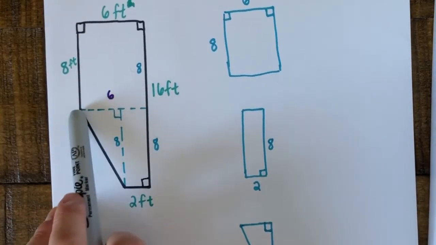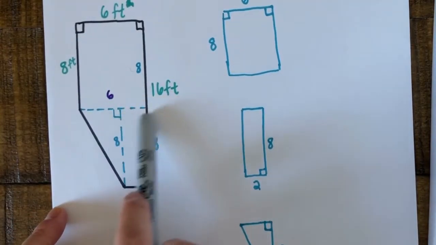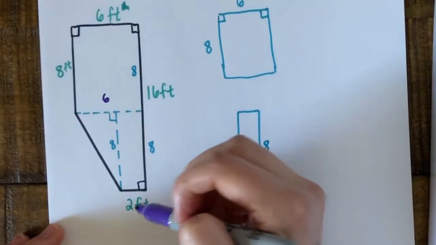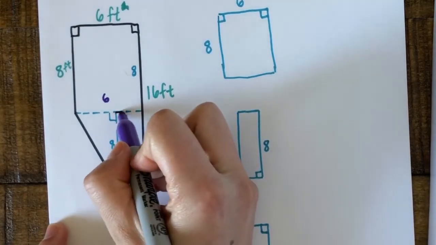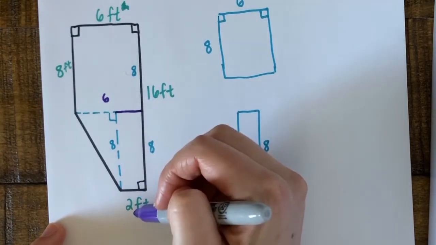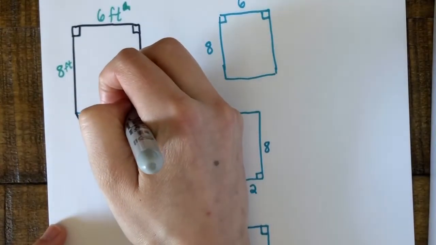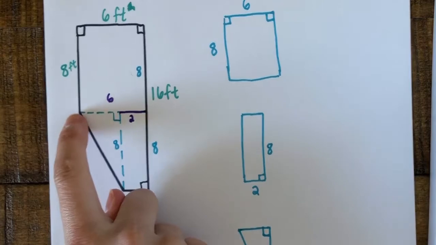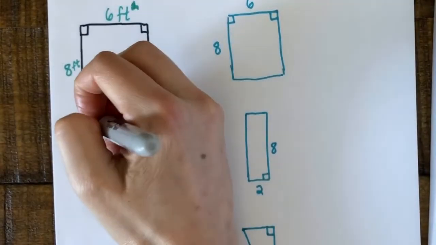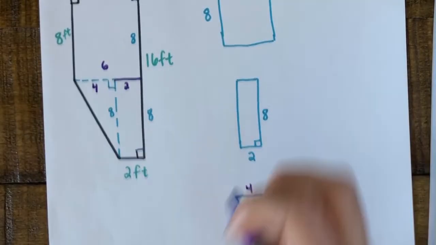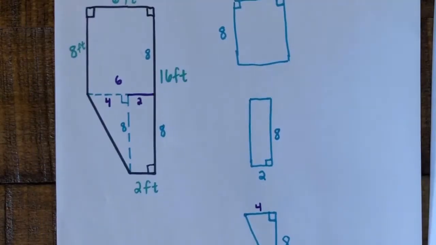It's actually going to be 6 minus whatever is on this side, that little piece. This piece is part of this rectangle, so it's the same as this side, so it's also 2. So if this is 2 and the total length is 6, then that length has to be 4. And so I got all my measurements that I need.